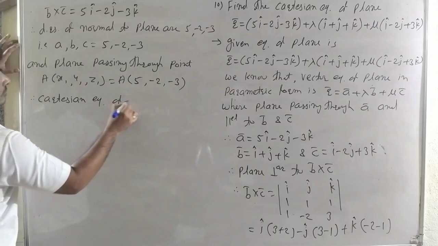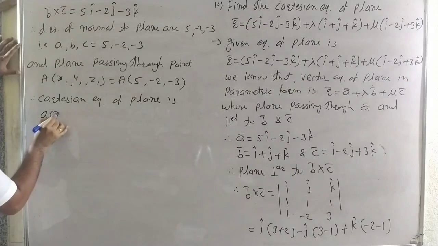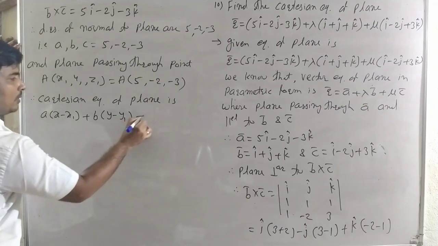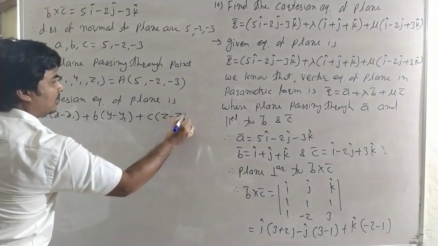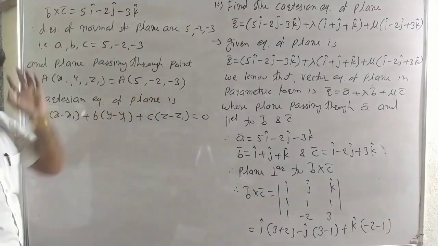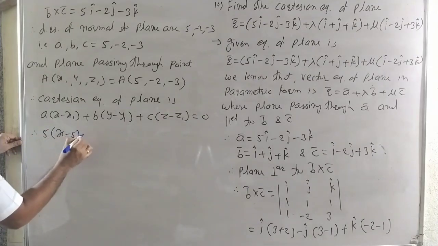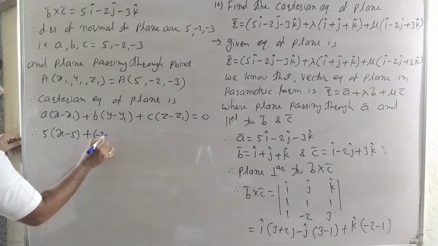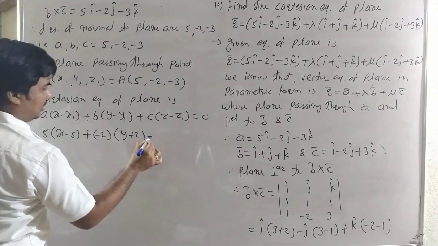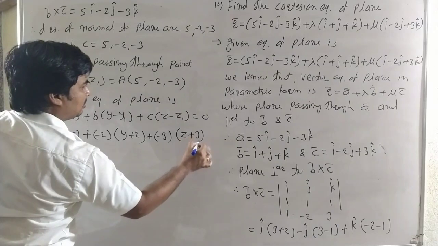is a into x minus x1 plus b into y minus y1 plus c into z minus z1 is equal to 0. Here a, b and c, and x1, y1 and z1. See carefully. A is 5, so 5 into x minus 5, plus b is minus 2 into y plus 2, plus c is minus 3 into z plus 3 is equal to 0.